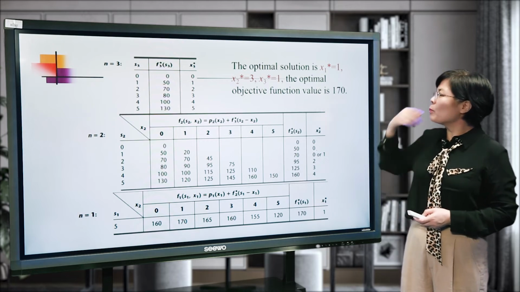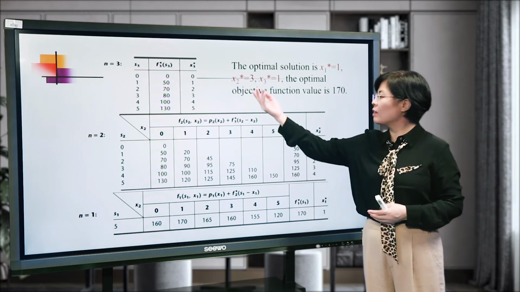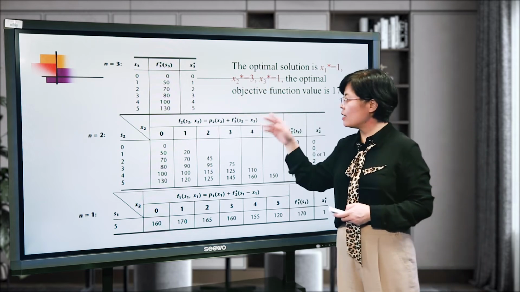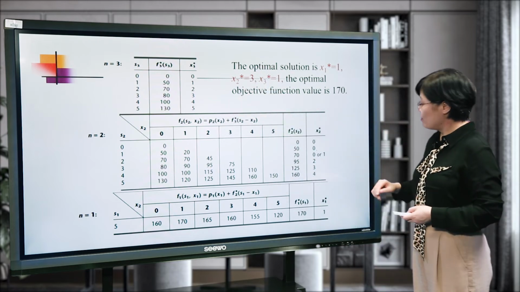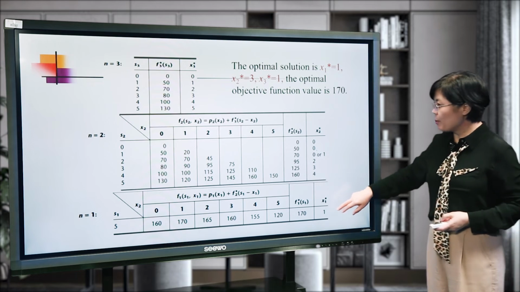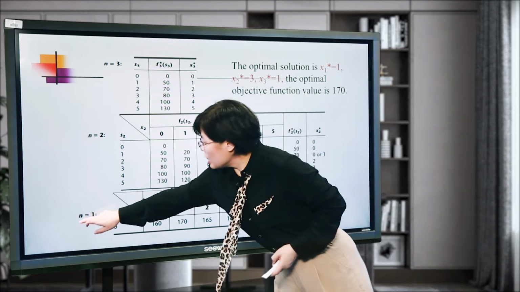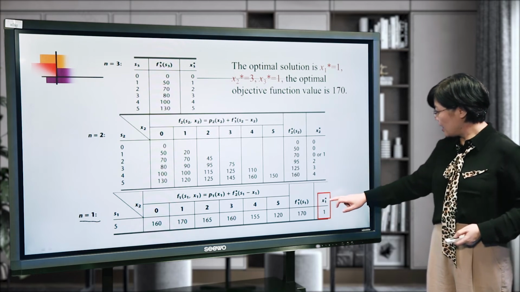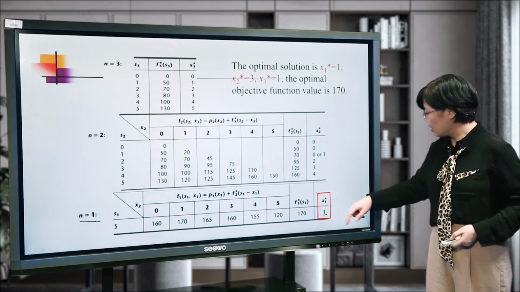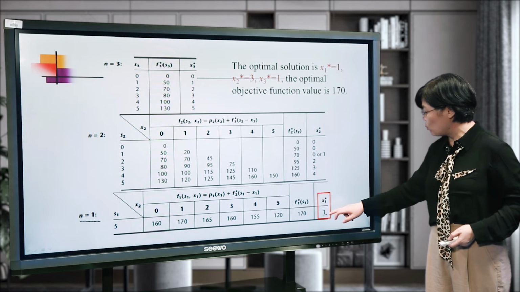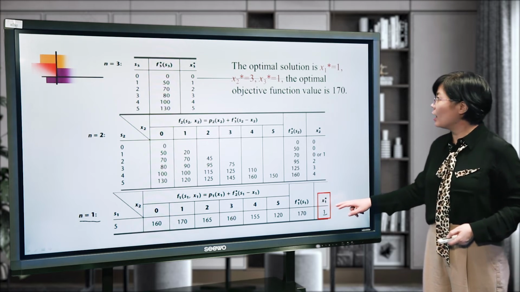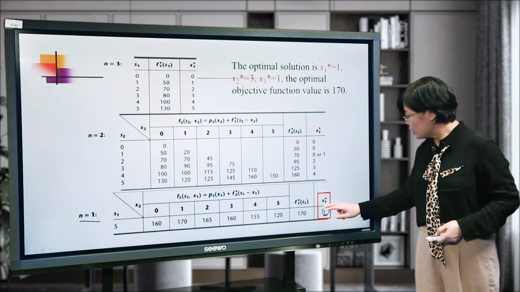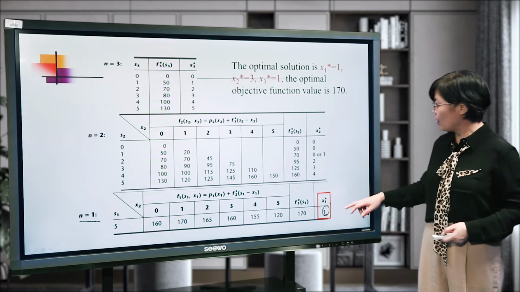Okay, we put all the calculations in this table, and we found that in stage 1, X1 star is 1, which means it is optimal to allocate one team to country 1.